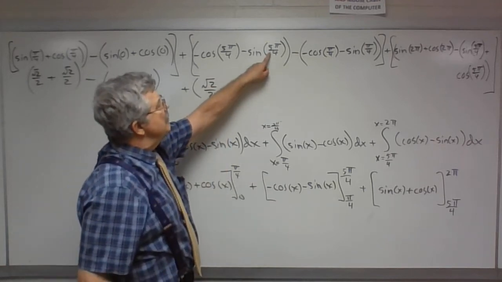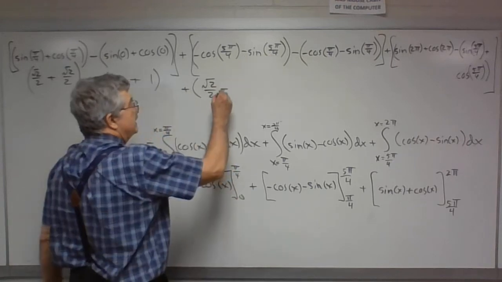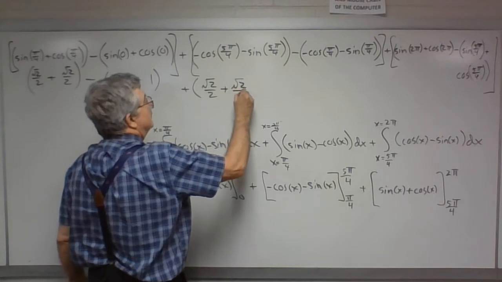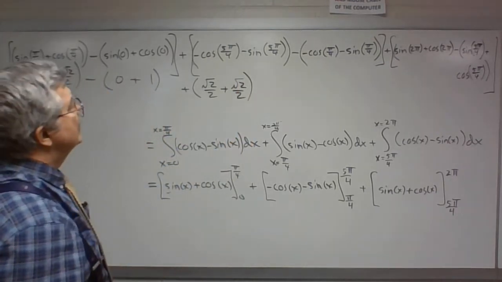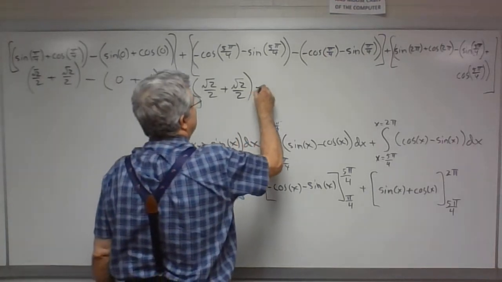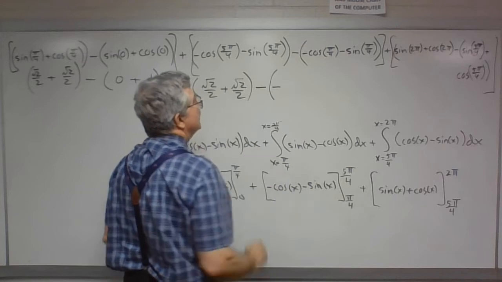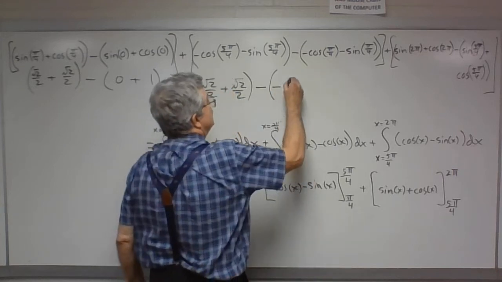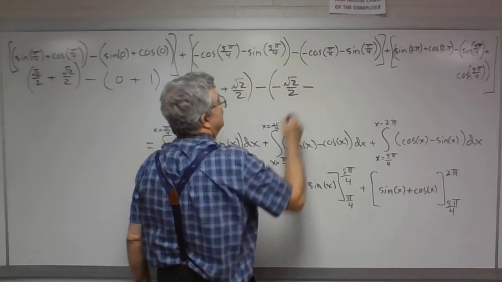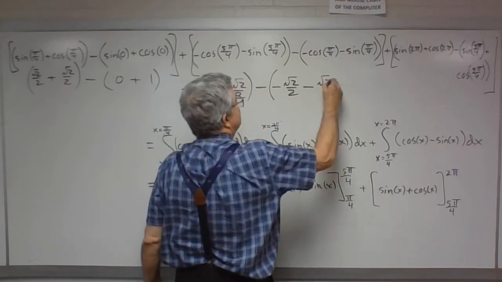Sine of 5 pi over 4 is negative square root of 2 over 2, but we have a negative sign out front. Cosine of pi over 4, square root of 2 over 2. Sine of pi over 4, square root of 2 over 2.